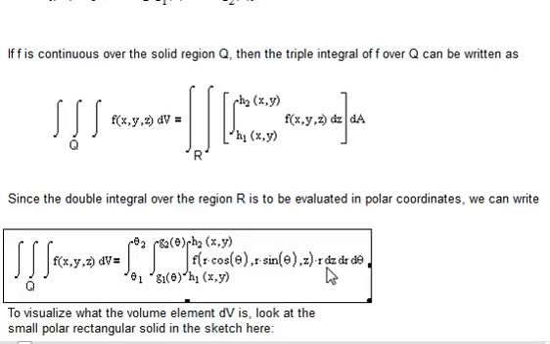And then this is times r dz dr d theta. This r would be treated as a constant when we integrate with respect to z.